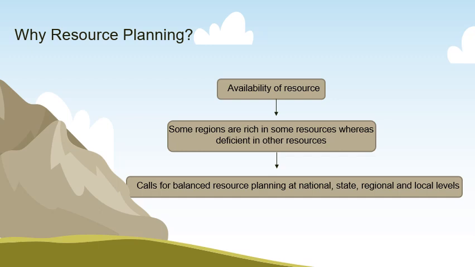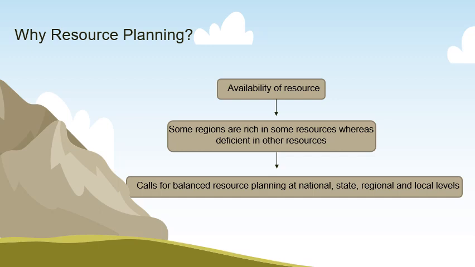For example, regions like Jharkhand, Chhattisgarh, Madhya Pradesh are rich in minerals and coal deposits, but they have an acute shortage of some other vital resources, whereas Arunachal Pradesh, which has an abundance of certain resources, lacks infrastructure development. Again, Rajasthan is very well endowed with solar and wind energy, but it lacks water resources.